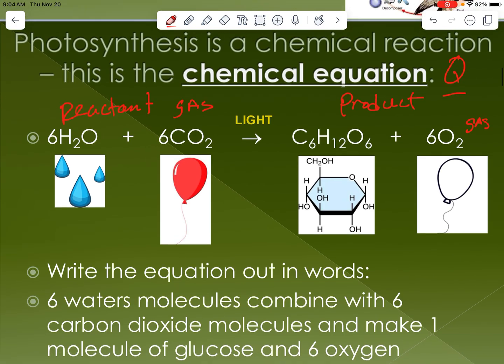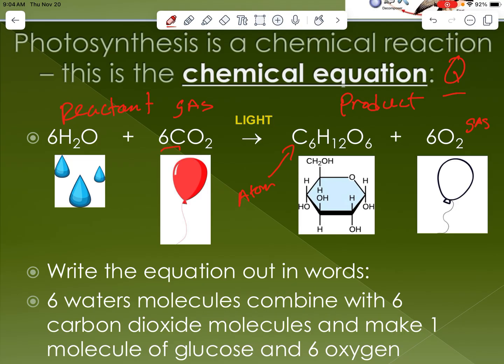Now, with writing out the equation, I won't ask you to do that, but I just need you to know how this works, so you can remember that there's a balance in here. Each of these letters represents an atom. This is carbon, and there are going to be 6 carbon atoms here. This is a balanced equation because the law of conservation of matter says that matter is neither created nor destroyed, and we can see there are also 6 carbons on the other side.